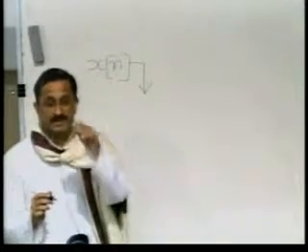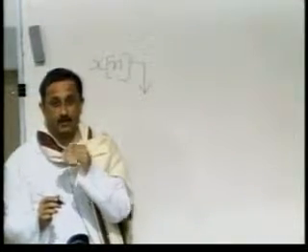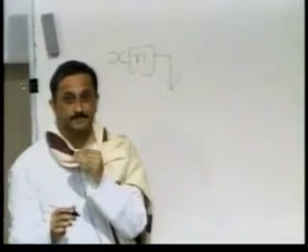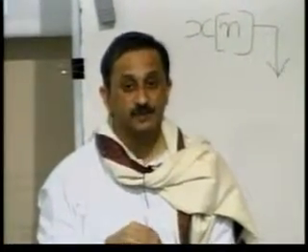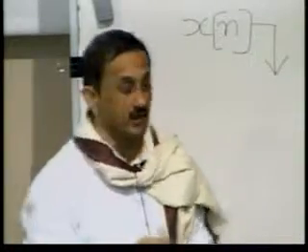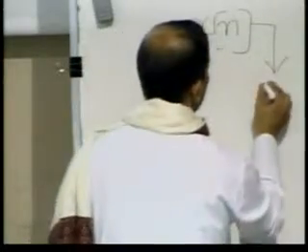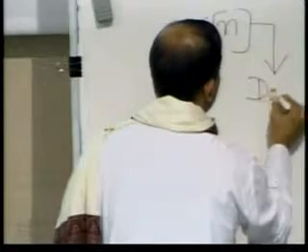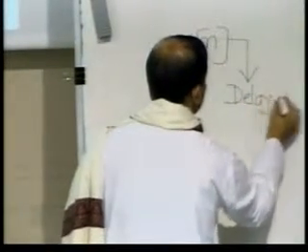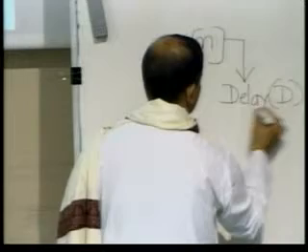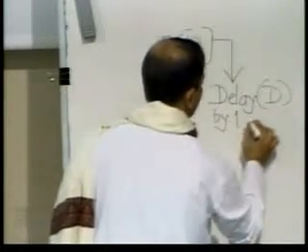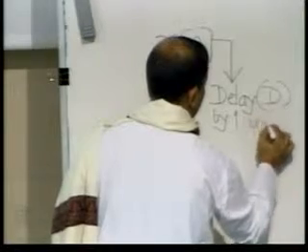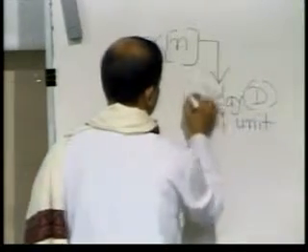We successively delay the sequence by one sample at a time. So, we get x[n-1], x[n-2], x[n-3], and so on. We will denote the operator by delay, or D, by one sample, by one unit of time.